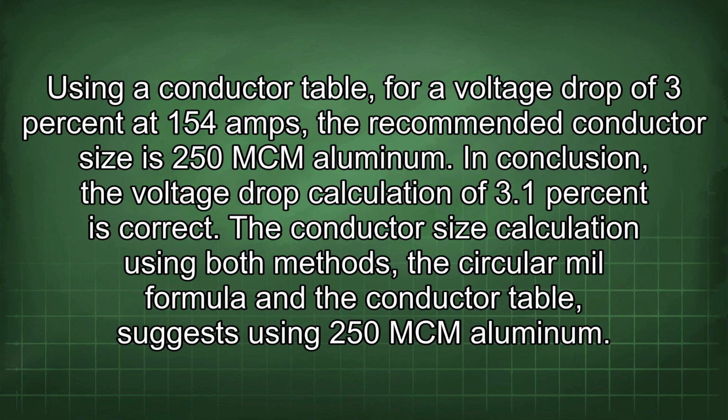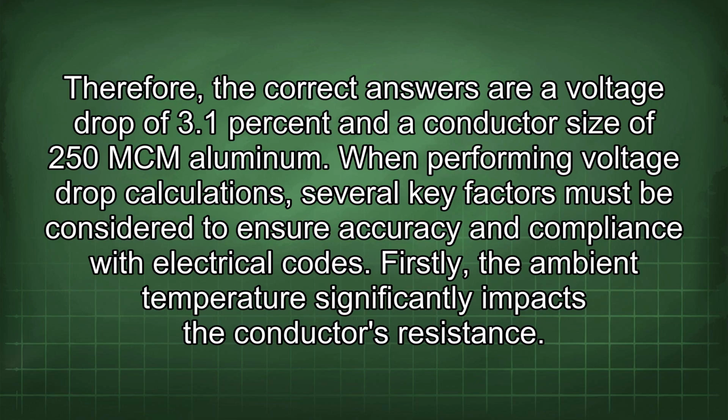In conclusion, the voltage drop calculation of 3.1% is correct. A conductor size calculation using both methods, the circular mil formula and the conductor table, suggests using 250 mcm aluminum. Therefore, the correct answers are a voltage drop of 3.1% and a conductor size of 250 mcm aluminum.